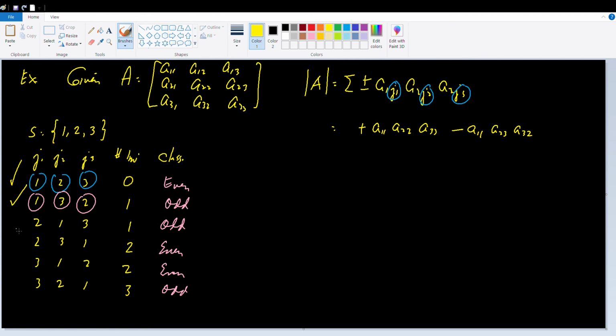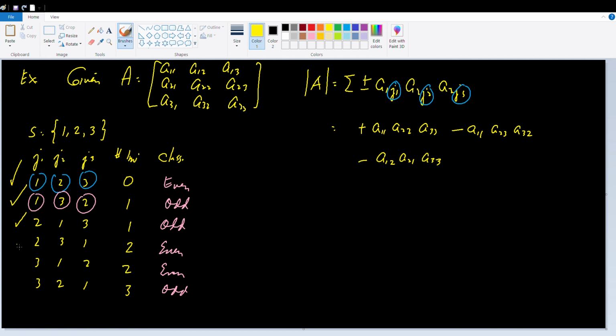We go to the next one. 2, 1, 3. It is odd, so it should be negative. A1, A2, A3. 2, 1, 3 will replace J1, J2, and J3. So 2, 1, and 3.